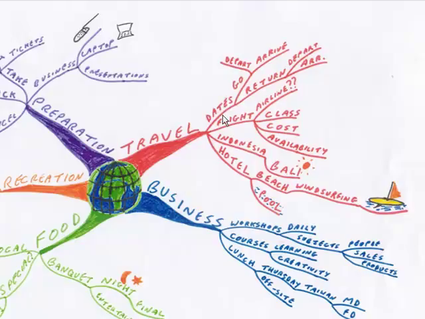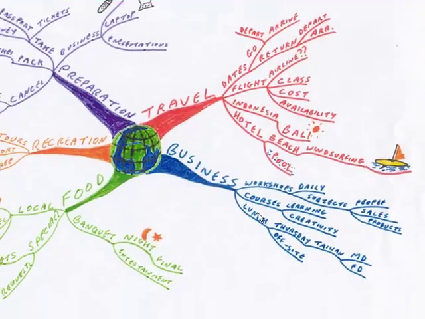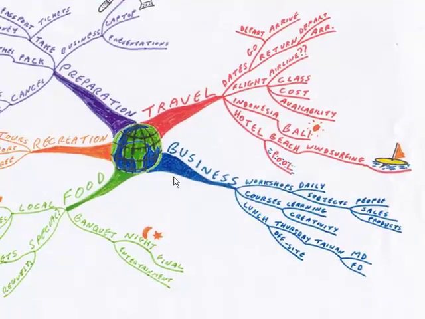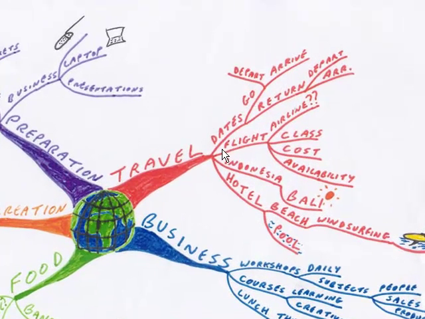And then these points here are subsets of the previous level. As we go further out, these points are subsets of this level. Over here on the business line, these are subsets of here. So we're using the lines to make the associations as clear as we can.